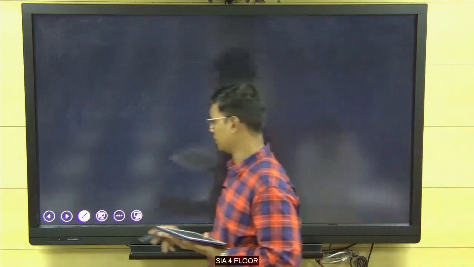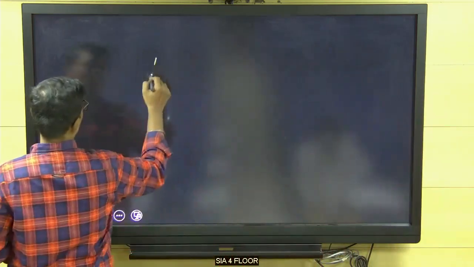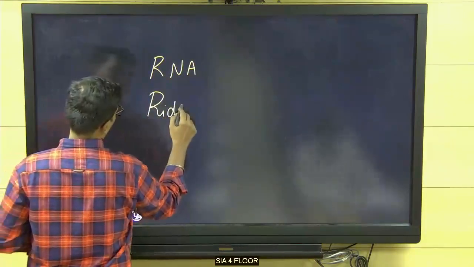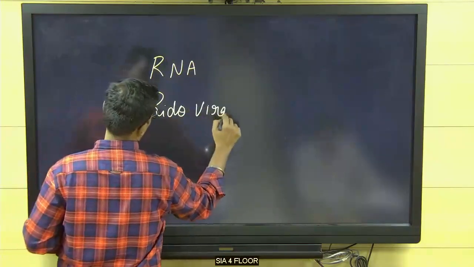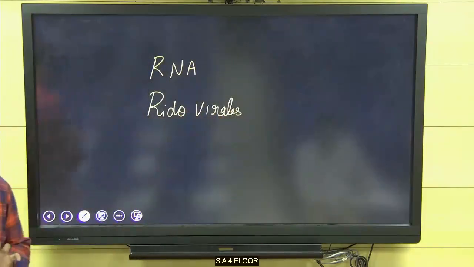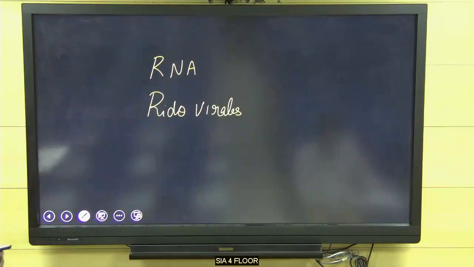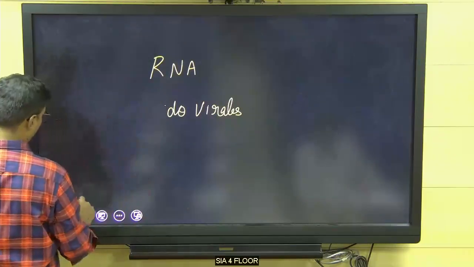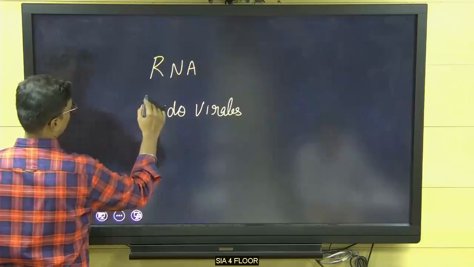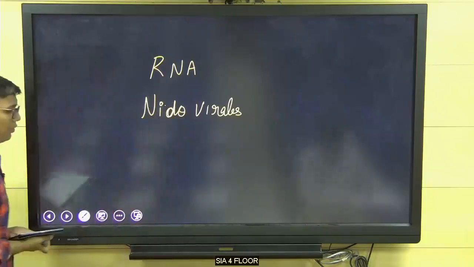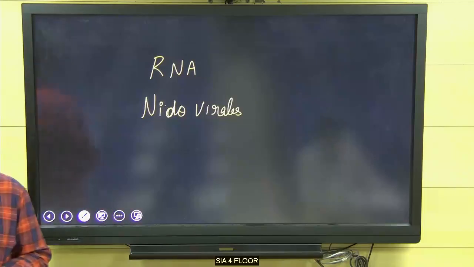Don't write much of the notes. It's caused by an RNA virus, and the novel coronavirus belongs to the family called Nidovirales. Nidovirales is the family that causes COVID-19. Good.